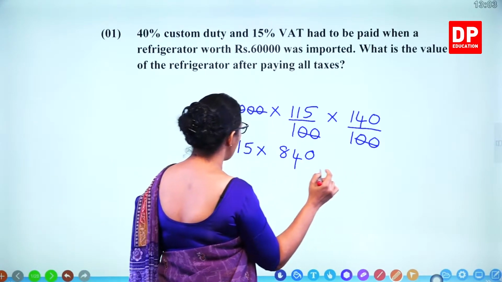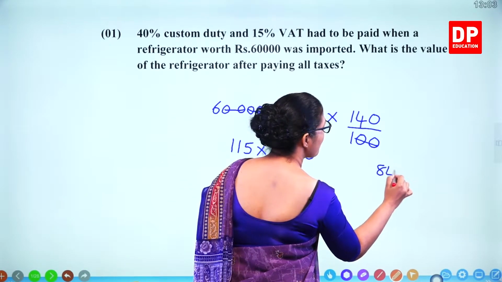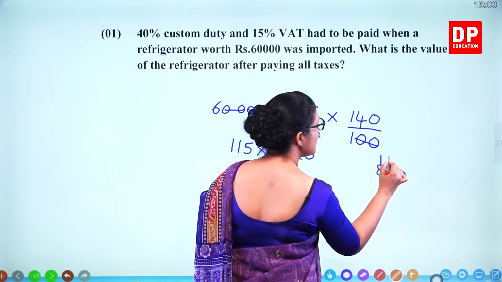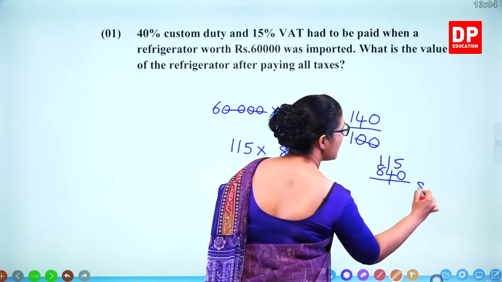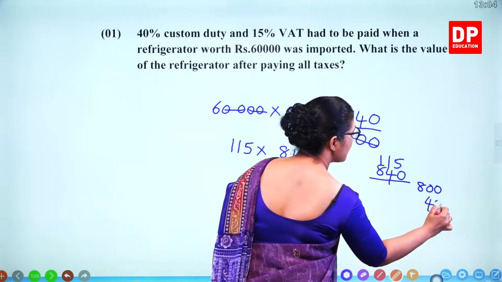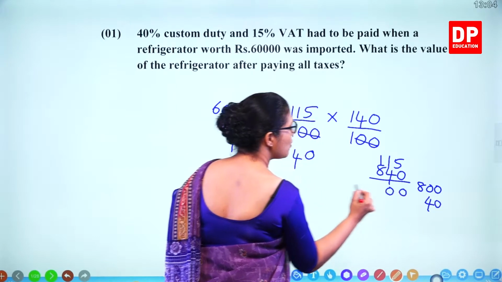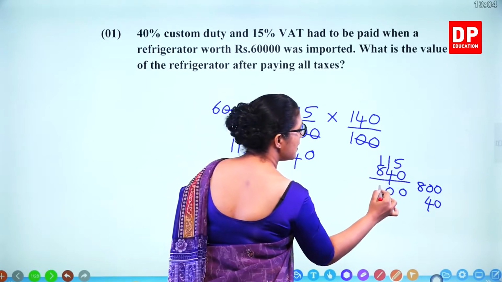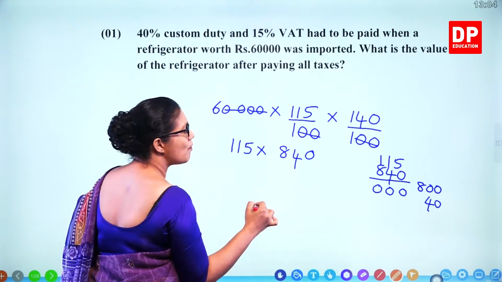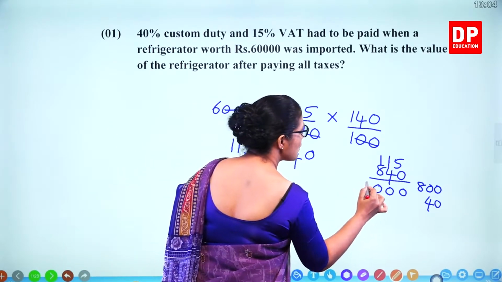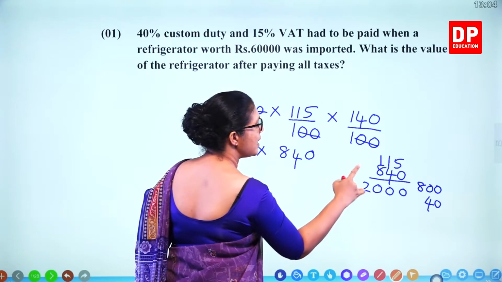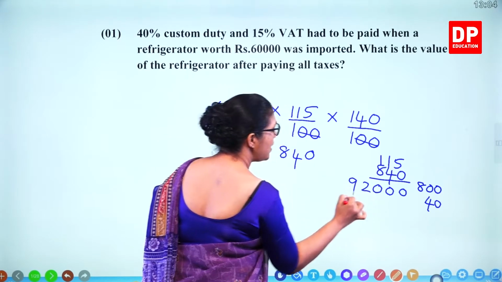So 840 and 115 multiplication. 840, 2 zeros, and multiply by 8. 40, 4 remaining. 8 times 1, 8 plus 4, 12. 1 remaining. 8 times 1, 8 plus 1, 9.